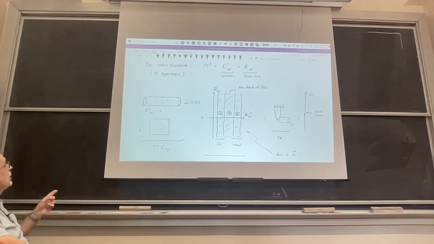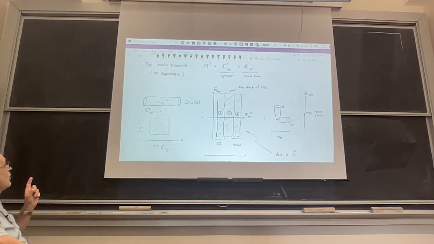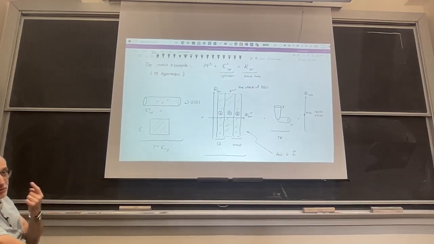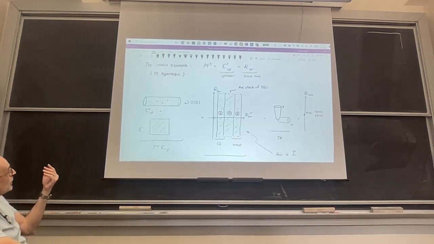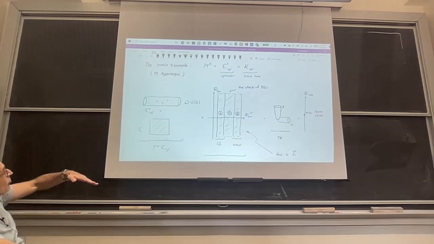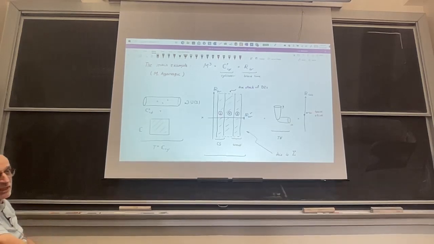Now the branes, the Chern-Simons M5s wrap the cylinder and they're at the center of this C. They go along the braid time and originally they would all sit here at the origin, the zero section. But we spread them, we push them off in the direction of dual braid time.